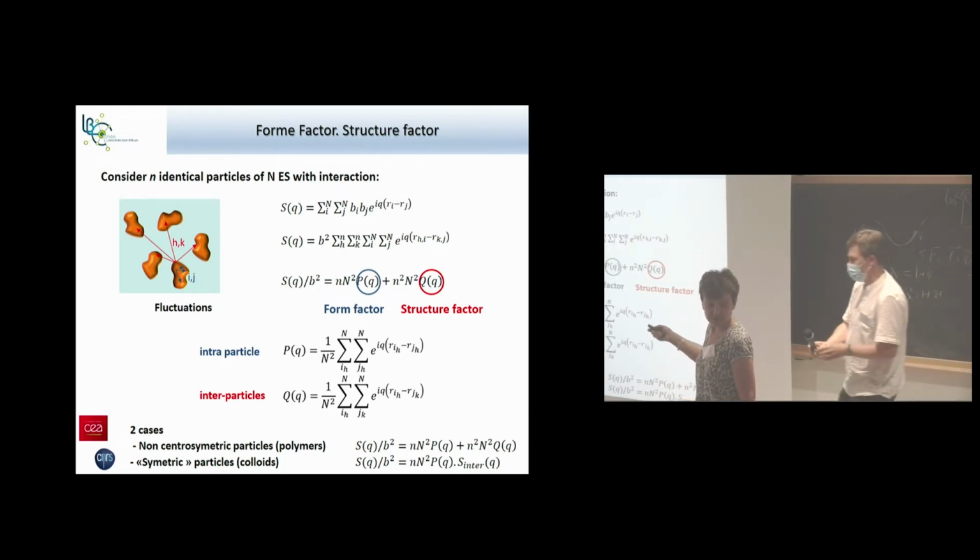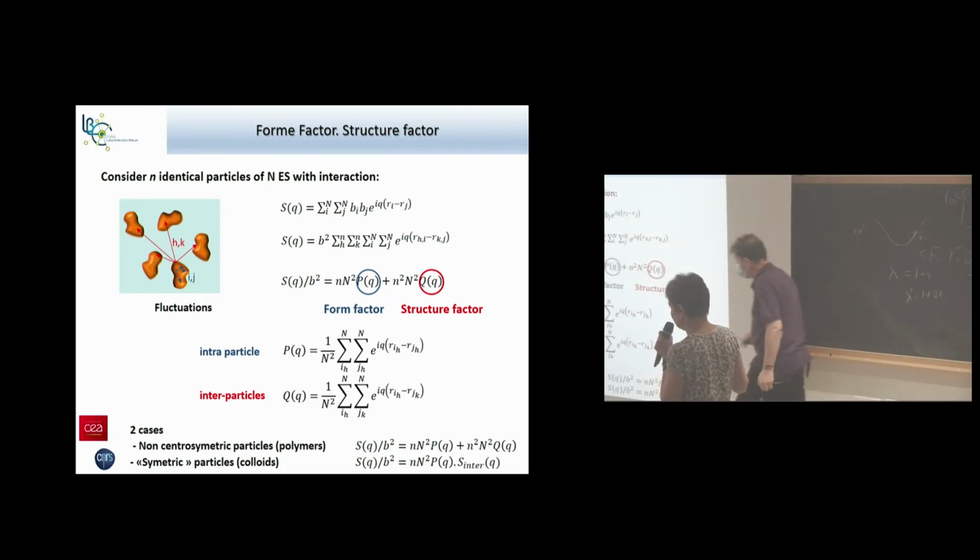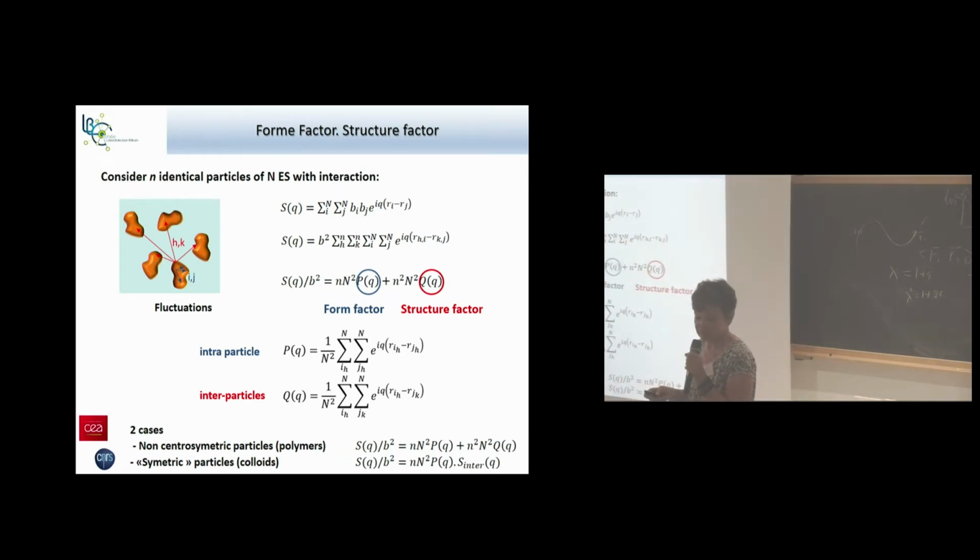You have to add the form factor and the structure factor. In the case of spherical, symmetric particles, you can play with the center of mass and realize that this simplifies this big equation with the b_i, b_j, exponential of i q r.